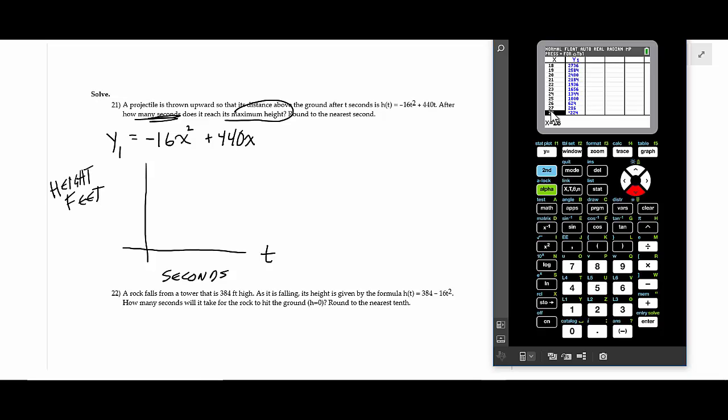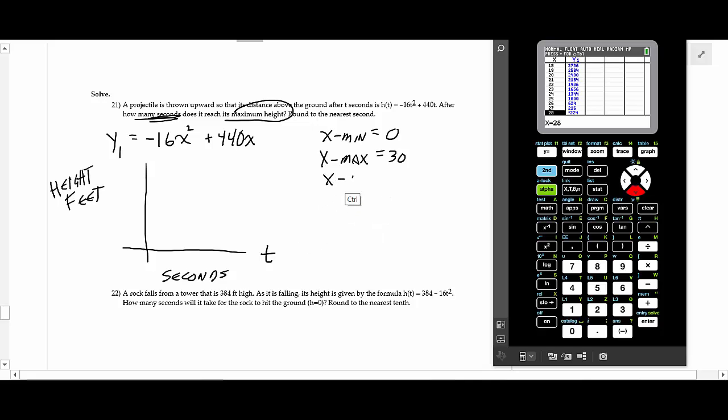Okay, so if you look at that table of values, that's what I want you to be able to use to figure out what a good scale is on this. So I'd probably do this one like this on the window. I'd say X min is probably 0. X max, okay, you could go up to 30. Once you get around 27, 28 in there, you're going to be in negative numbers.